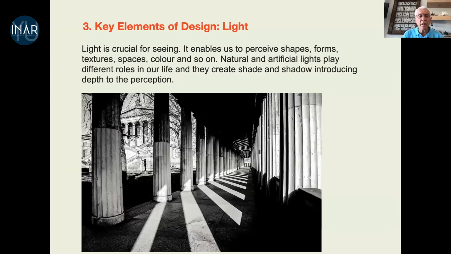And the third key element of design is light. So we can use light in our design to express our ideas. Light is crucial for seeing, as we all know. It enables us to perceive shapes, forms, textures, spaces, color, and so on. Natural and artificial lights play different roles in our life, and they create shade and shadow, introducing depth to the perception.